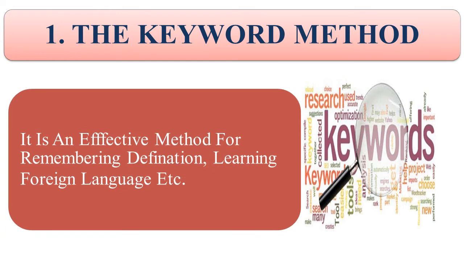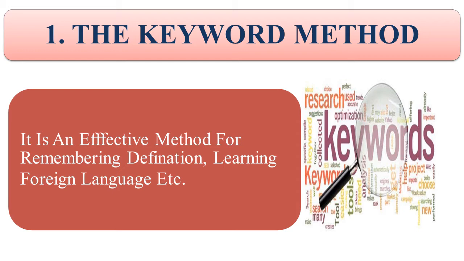The keyword method is an effective method of remembering, for example learning foreign language vocabulary with their meaning. Any two different pieces of information can be linked together by using this method.